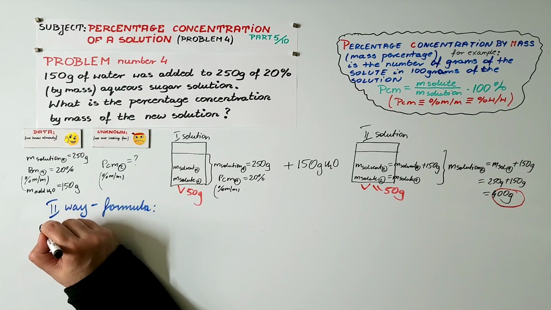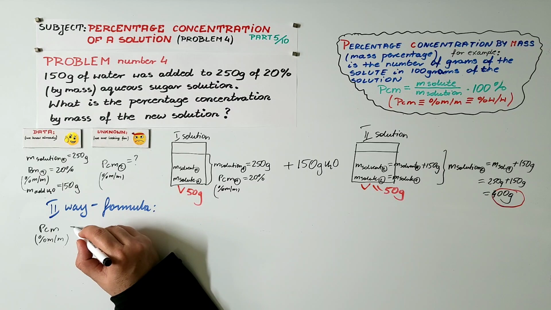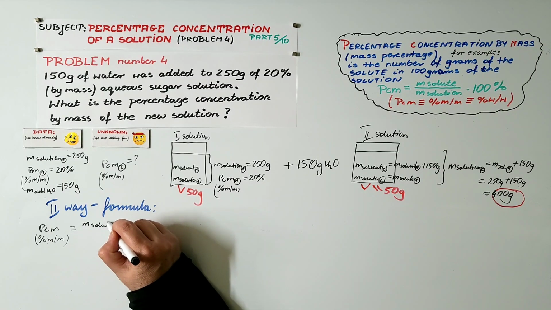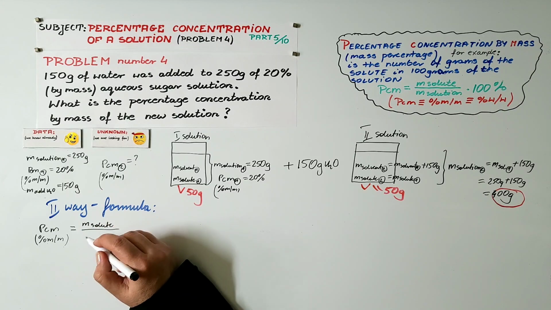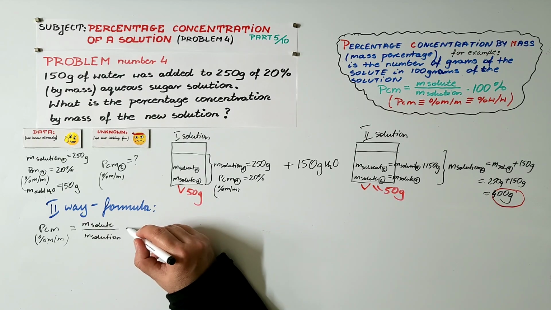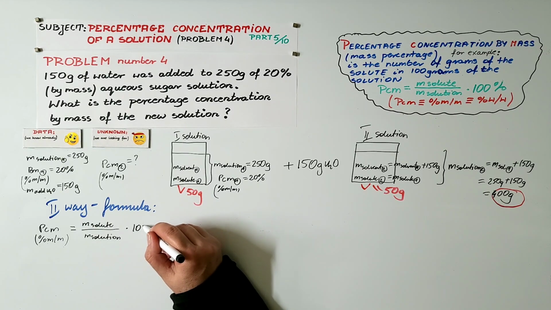Percentage concentration by mass, percent mass over mass, equals mass of solute over mass of solution multiplied by 100%.